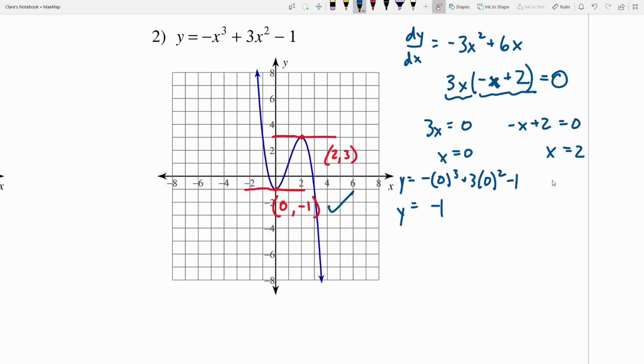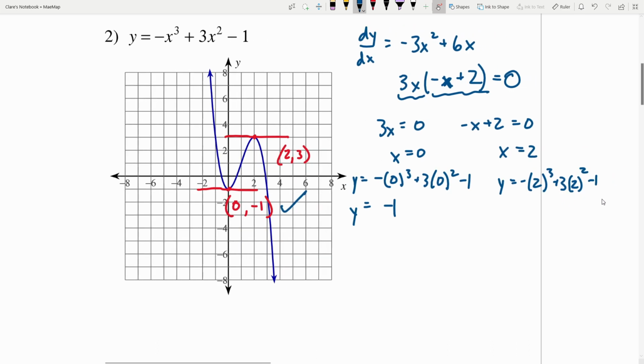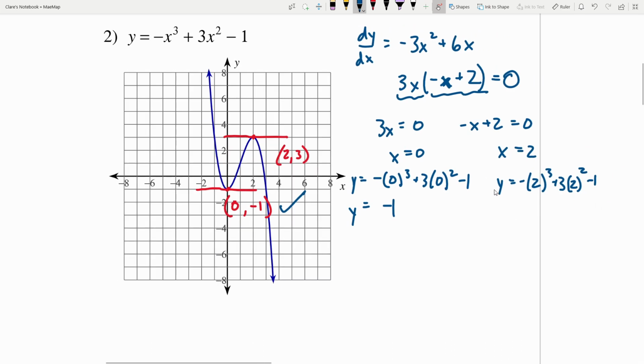And plugging in x equals 2, we'll have y equals negative 2 cubed plus 3 times 2 squared minus 1. I'm sorry, I'm going off the page a little bit, so I'll move over some. So we have that y equals negative, 2 cubed is 8, so we have a negative 8, plus 2 squared is 4, 4 times 3 is 12, and then minus 1.